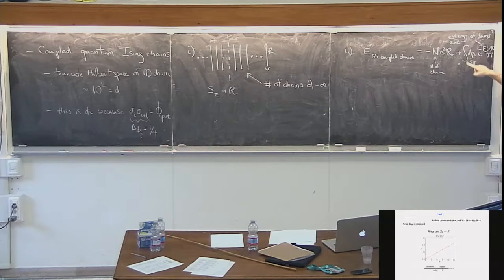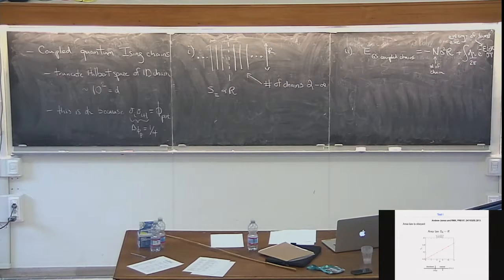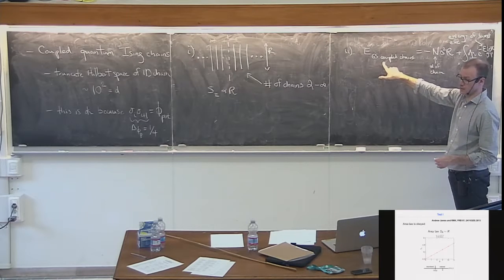And so that's exactly what you expect for the energy of the ground state. So you can do a consistency check. You can use the DMRG to measure the excitation gap in the system, and then you just plug it into this formula to see if you reproduce the ground state energy.